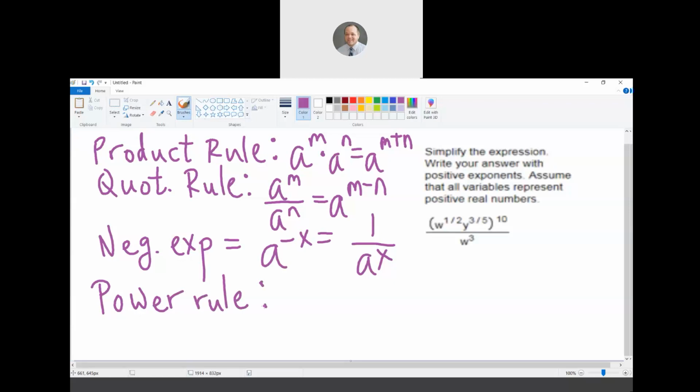With the power rule, if you have an inside power and an outside power, then you multiply the exponents together. So if you have an inside power raised to an outside power, then you multiply the powers together.